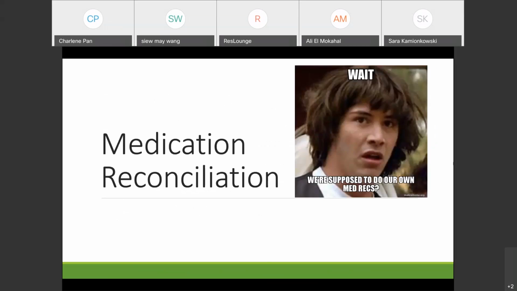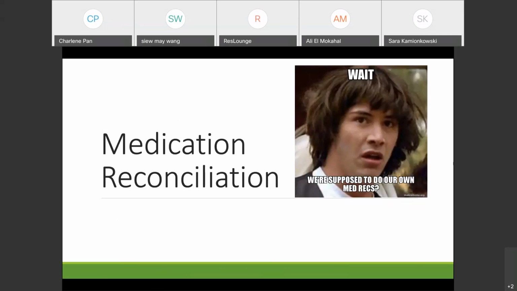So, medication reconciliation. Yes, you do need to do this. It's not the nurse's job, it's not the emergency department's job, and it should be done for every single patient, and it should be part of their admission. I'm not going to go through how to do it in EPIC. You learn that as you go, but it should be done every time.